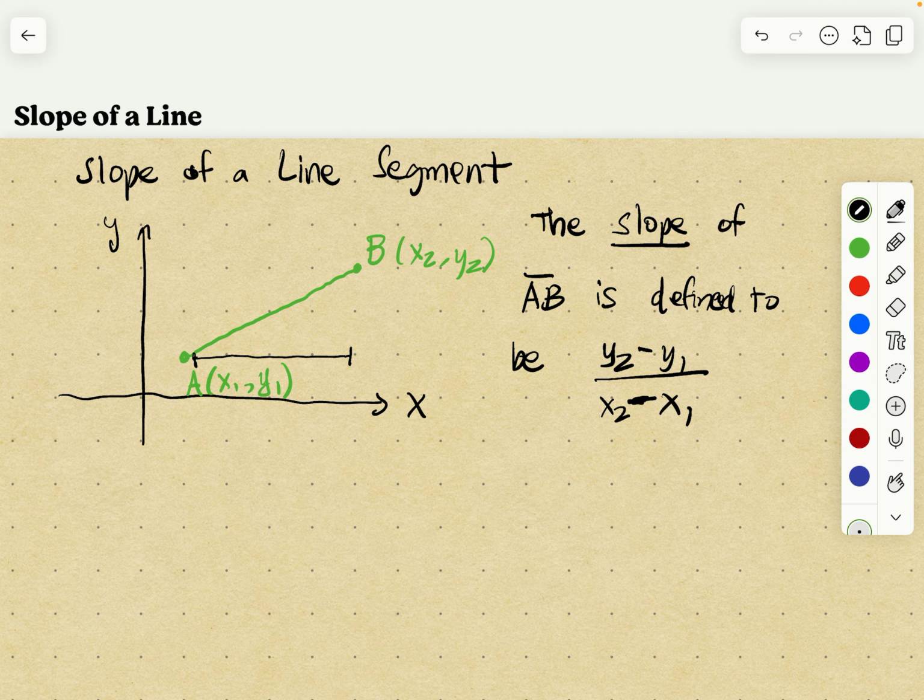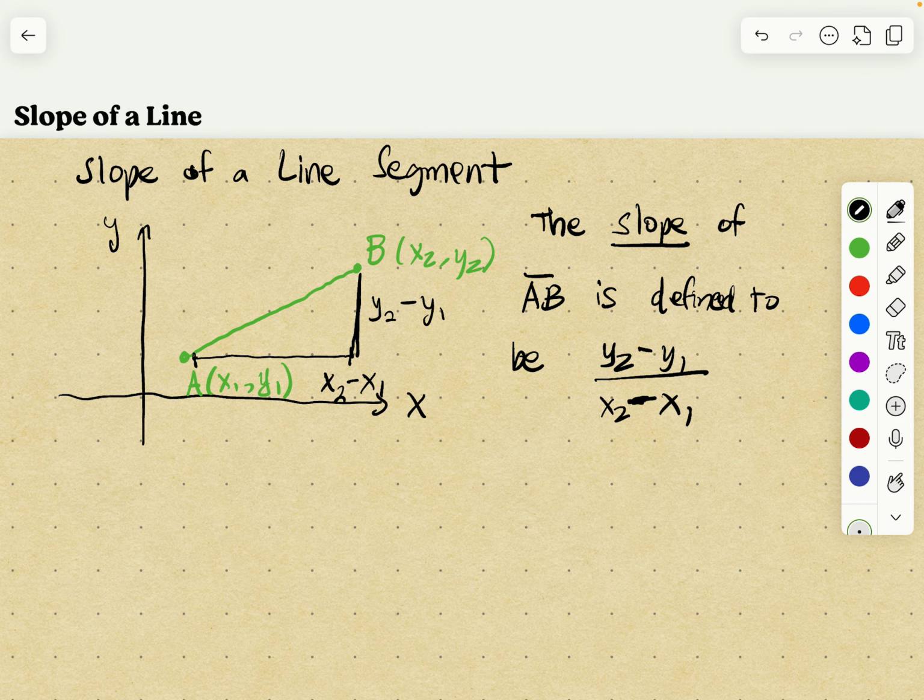The x coordinate of A was x1, and the x coordinate of B is x2. So if you start with x1 and add x2 minus x1, you end up at x2. Similarly for the y coordinates, to go from y1 to y2, you add y2 and subtract y1.